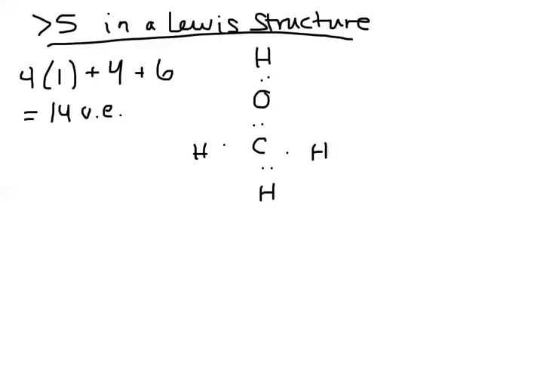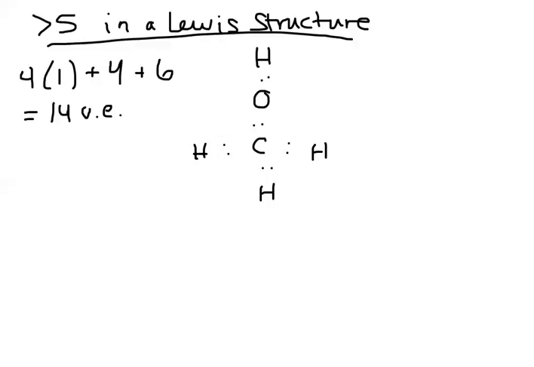How many valence electrons have I used up? Good. I have 4 left, where do I put the 4 other valence electrons? Around the oxygen. Why do I put it around the oxygen? It's the only one that's not happy. Each of the hydrogens has 2. Hydrogen can only have 2. It can only have a single bond and no electron pairs.